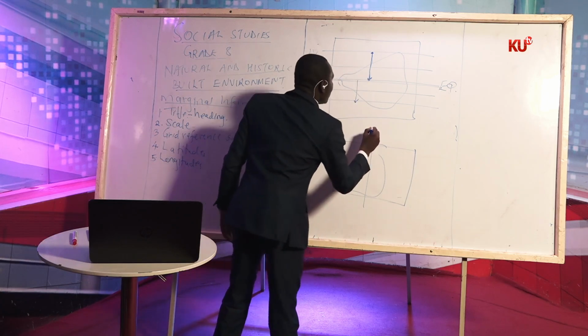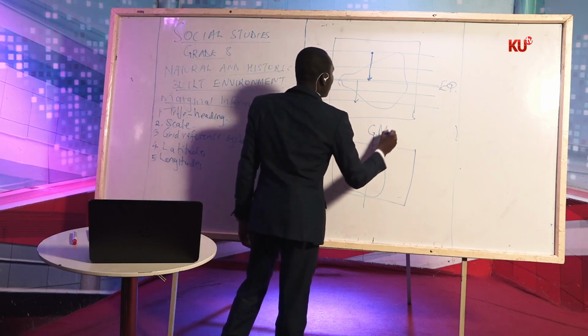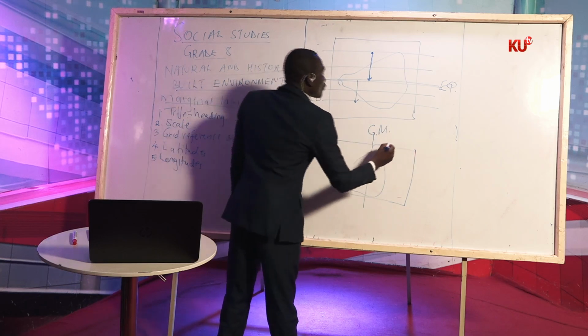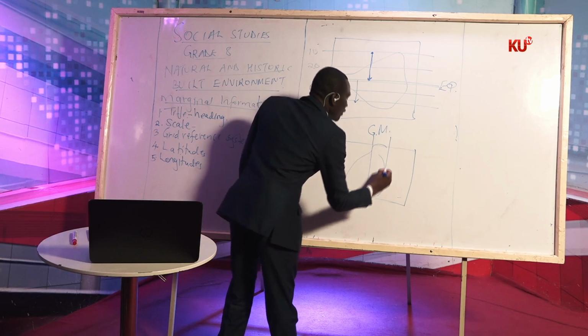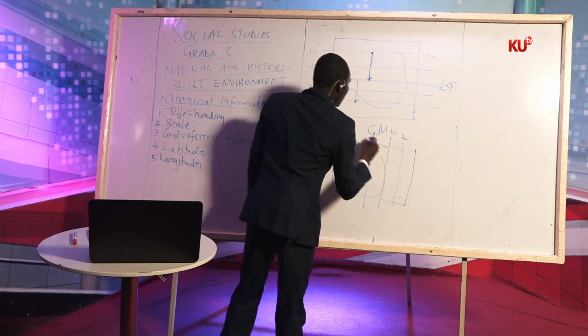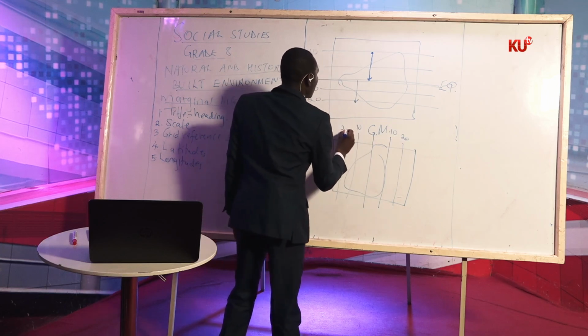Now in this case, if we have the map here, for example, this is the Greenwich meridian, and this side is the eastern side. So how far is this place, this is 10, for example, 20. This is 10, 20.